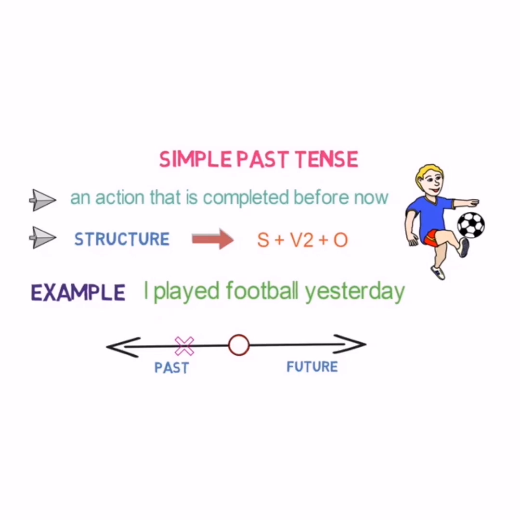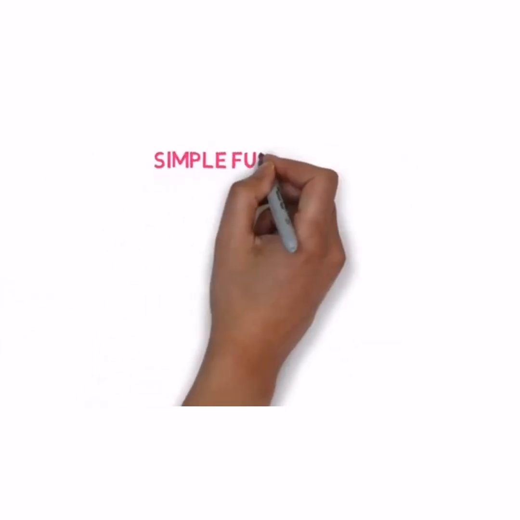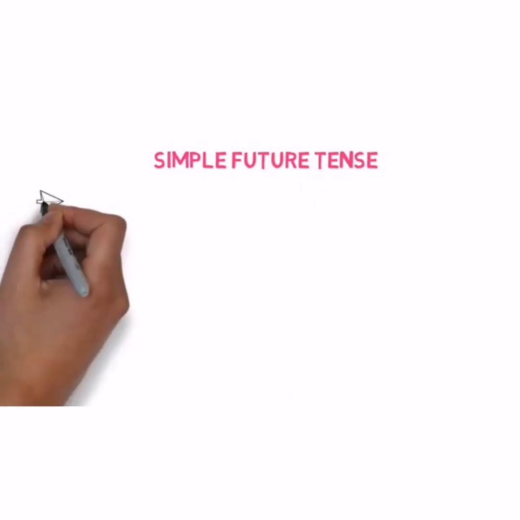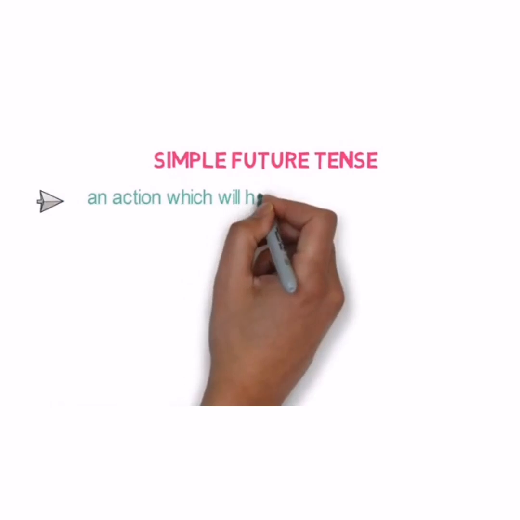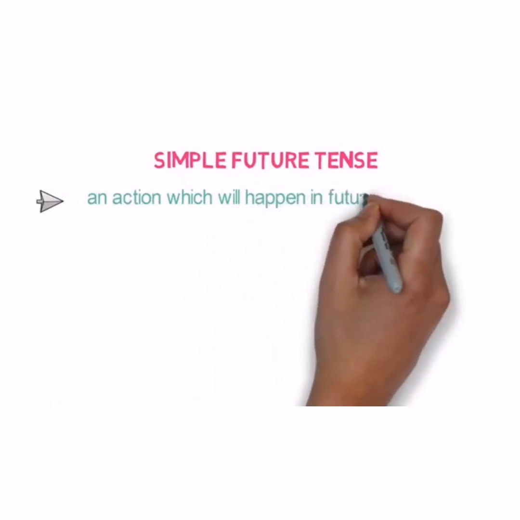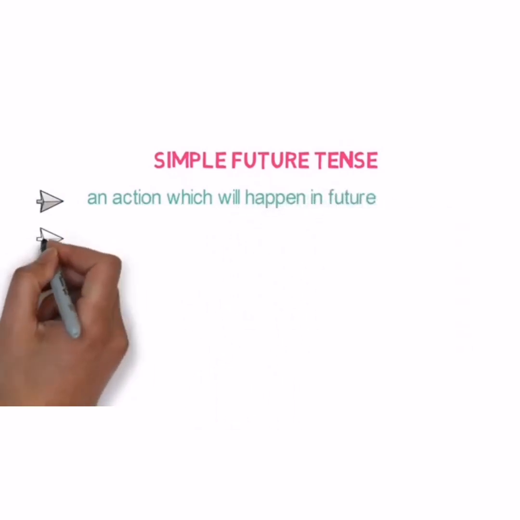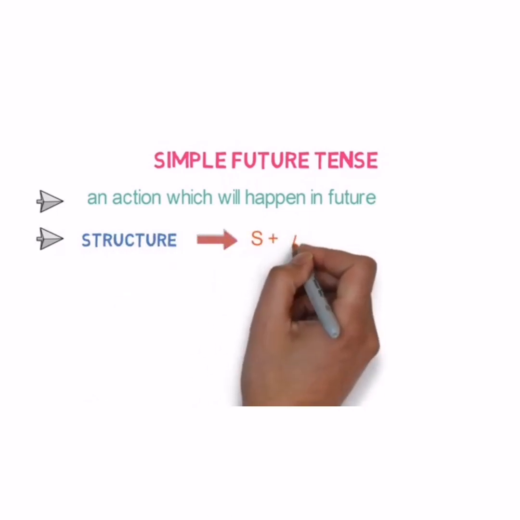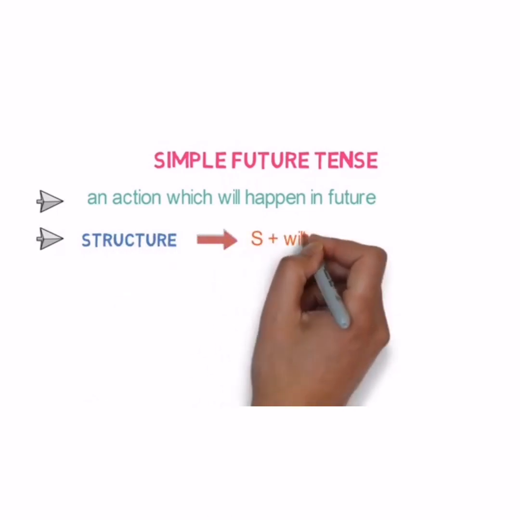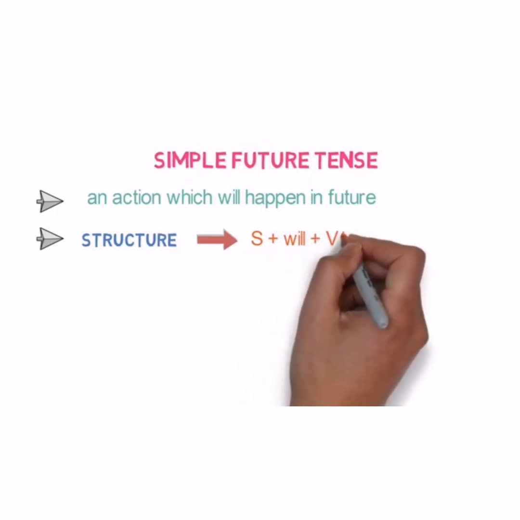Now coming to the simple future tense. It refers to the action that will occur or happen in future. Yes, the structure of the sentence is subject plus will plus verb first form plus object.